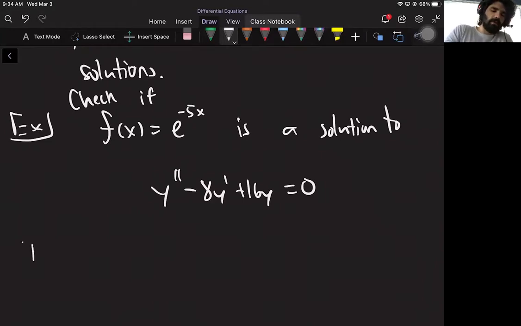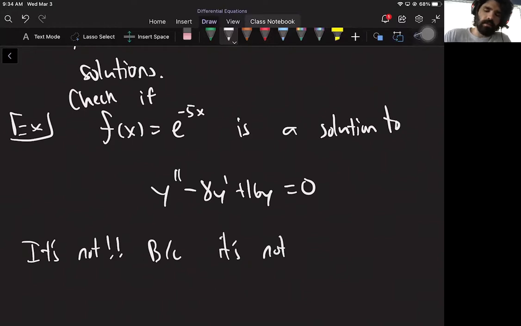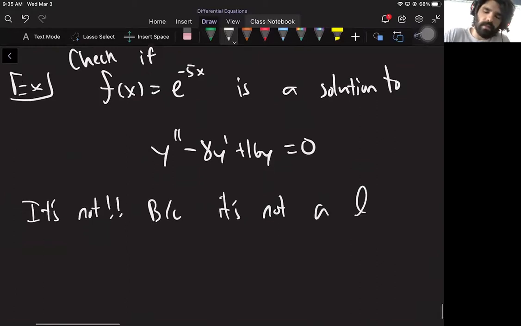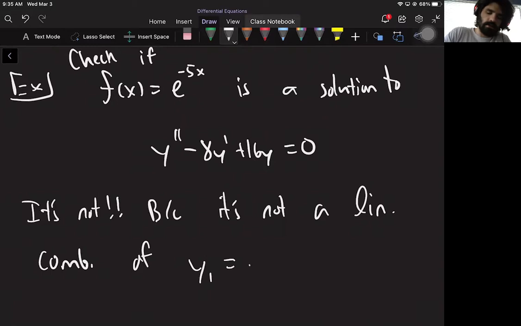So it's not, because it's not buildable by the two functions. And so it's not a linear combination of those two, so it doesn't fit into the general solution. So it's not a linear combination of the two linearly independent solutions.